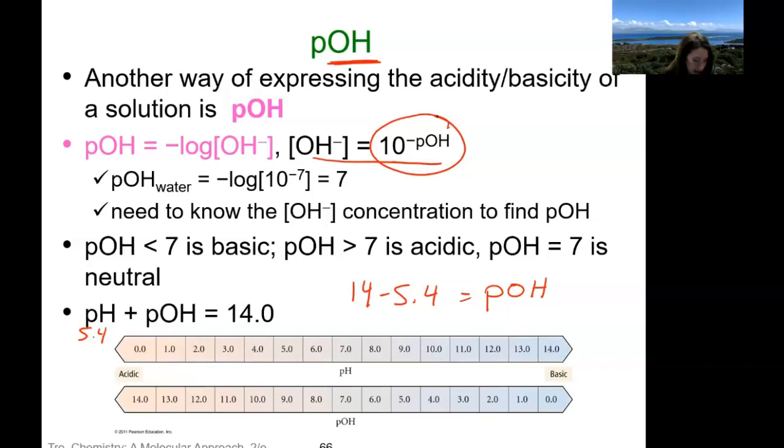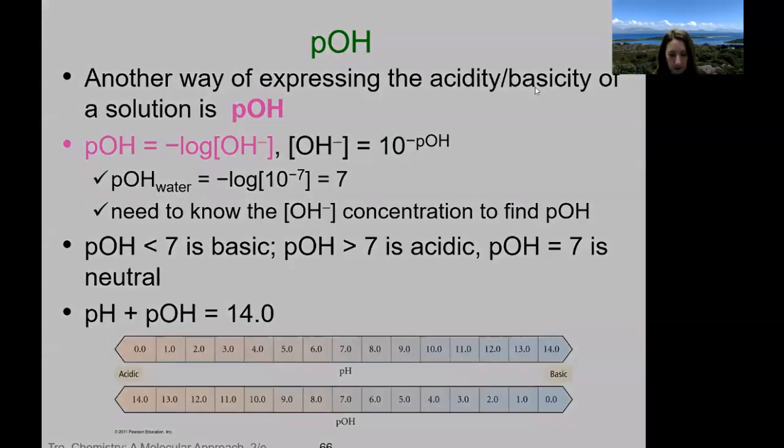You end up with the exact same answer. So this is 8.6, and then 10 to the negative 8.6. Sorry, it's supposed to be an 8. That will give you 2.5 times 10 to the negative 9th. Whichever one you want to use, fine with me.